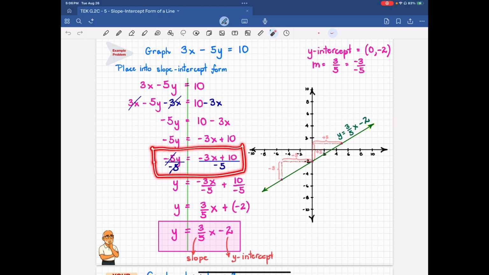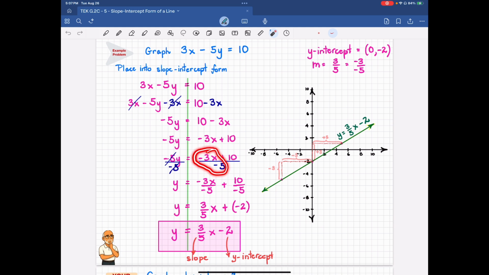Notice the only thing that changes from the previous step to this step is in dark blue. So I divide the left side by negative 5, and divide all of the right side by negative 5. Notice that the negative 5's cross out on the left, but on the right, I need to separate what's up on the top.